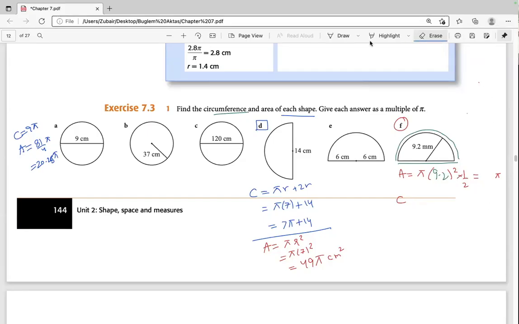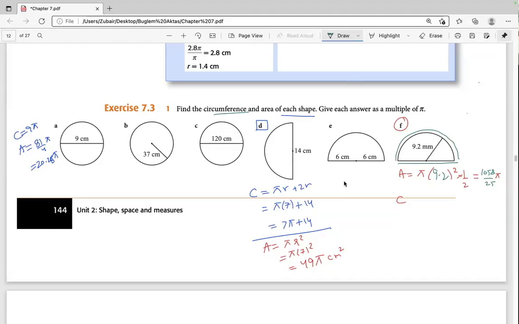For the area, would it be 21.16 pi? Area is pi r square by 2. Radius is 9.2.